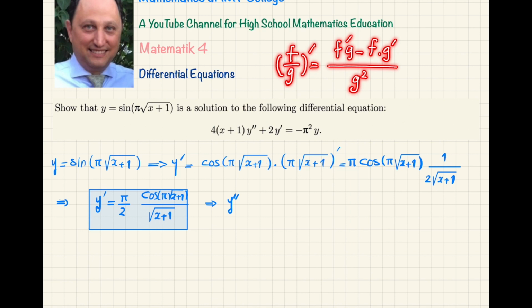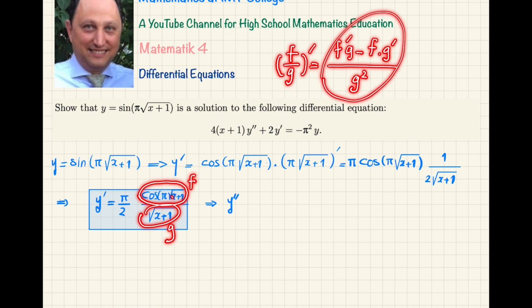So the function in the numerator will play the role of my f, and the function in the denominator will play the role of g. I will use this formula to find the second derivative of y.